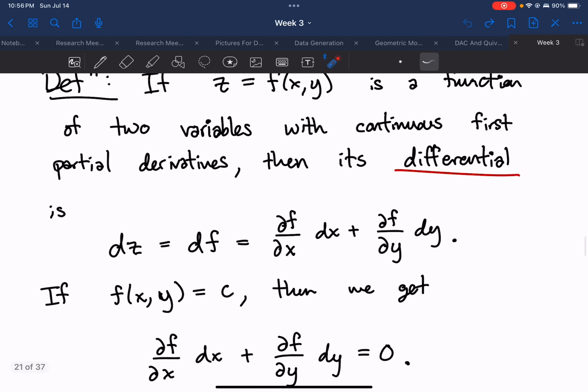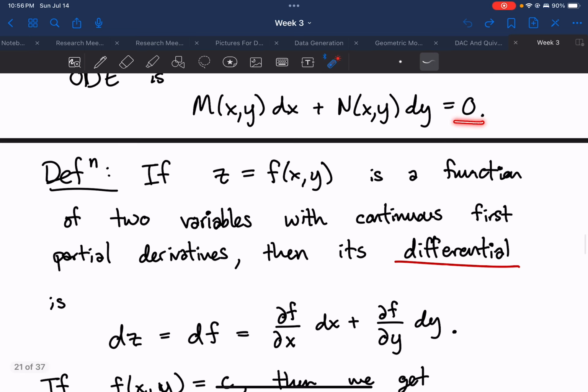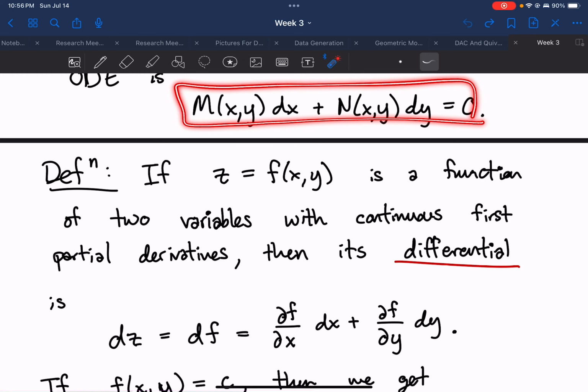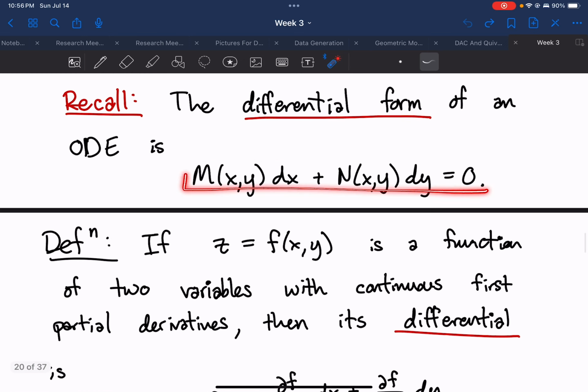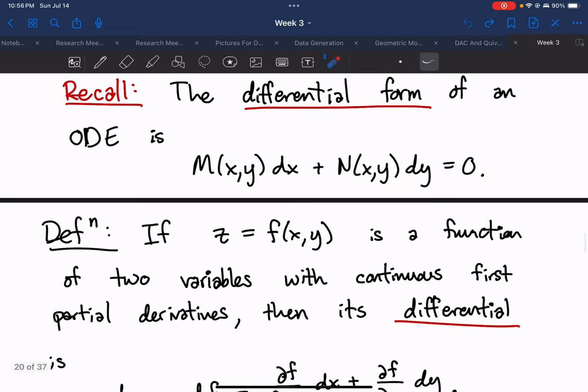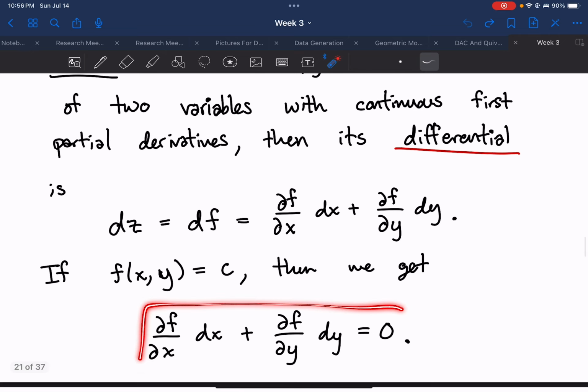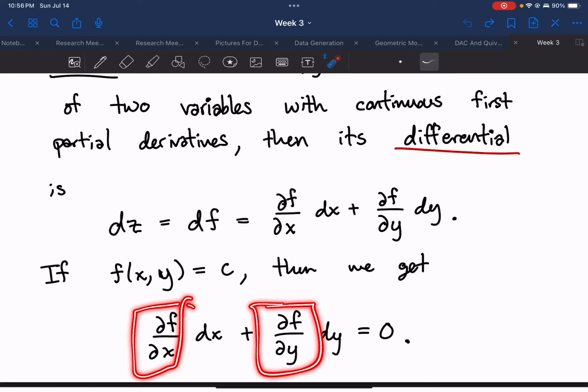And if we look up at what's called the differential form of an ODE, it looks really similar. But in this case, M is playing the role of partial f, partial x, and N is playing the role of partial f, partial y. And that's kind of the idea.